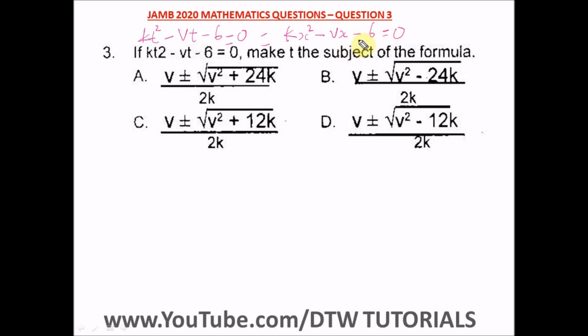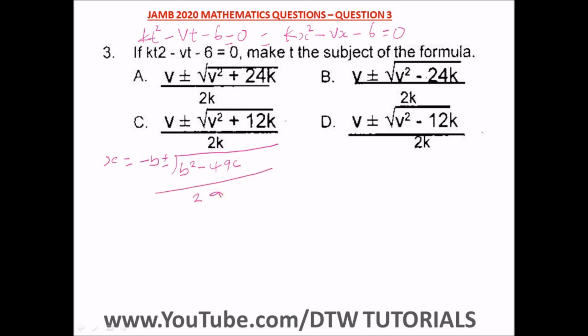So we are going to find x, or rather find t, using the almighty formula, which is the quadratic formula that states x is equal to minus b plus or minus square root of b square minus 4ac, all over 2a.